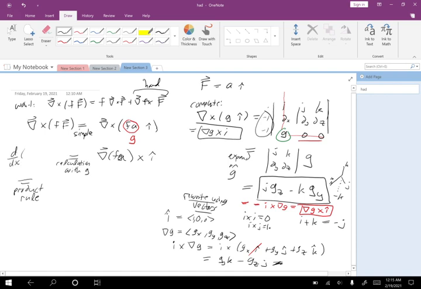Whenever you see d/dx of fA, you know what to do with that. So this is now gradient f times A plus f gradient A, cross i. I'm going to split this up. So gradient f cross Ai plus gradient A cross i, and then we have this f on the outside.